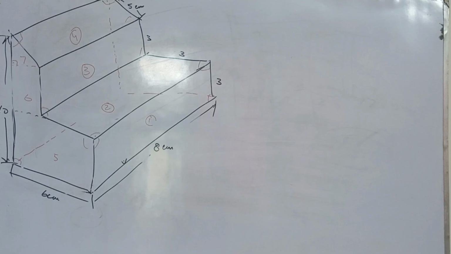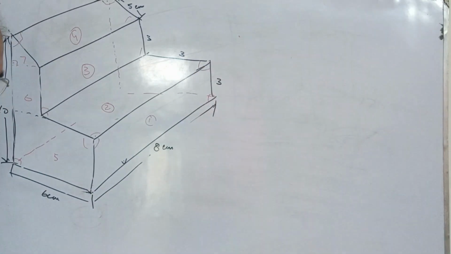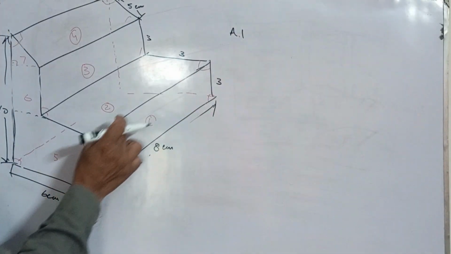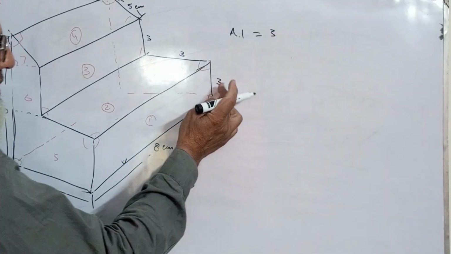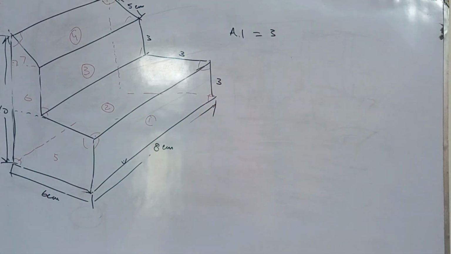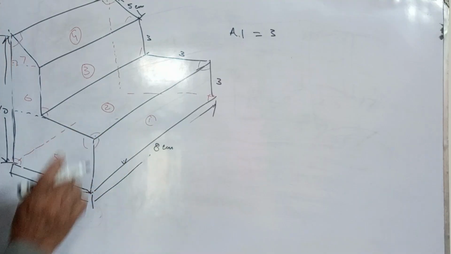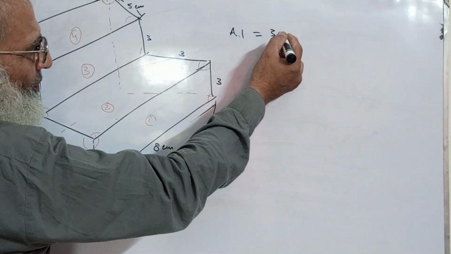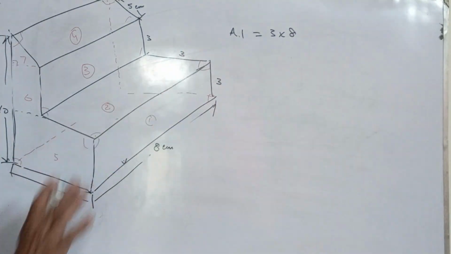Now, area of rectangle 1 is equal to 3 multiplied by 8. Don't worry about the units. All units are in centimeter. This rectangle is only 1.